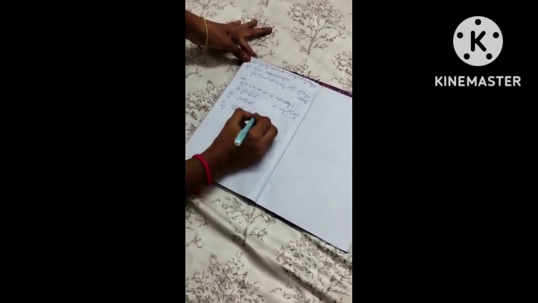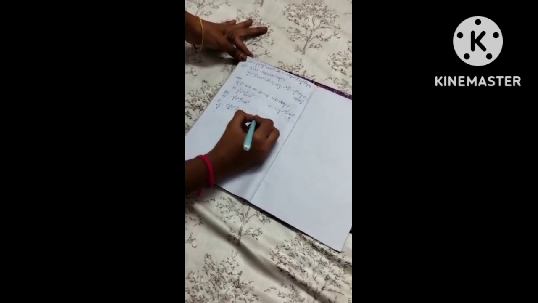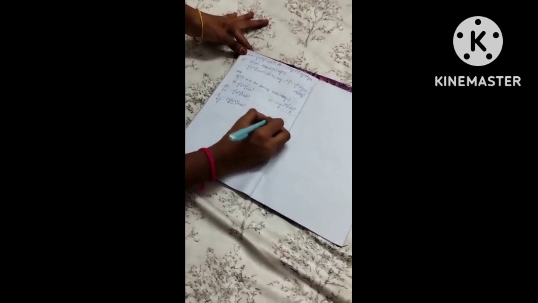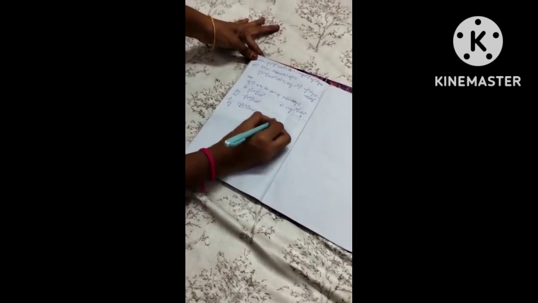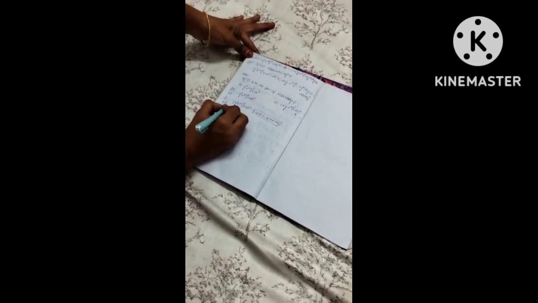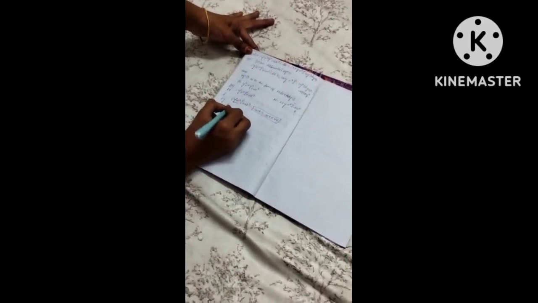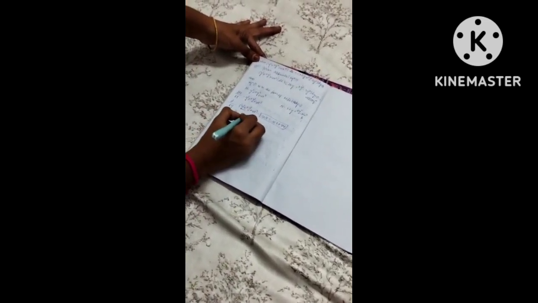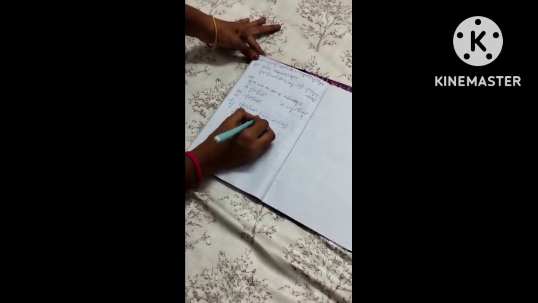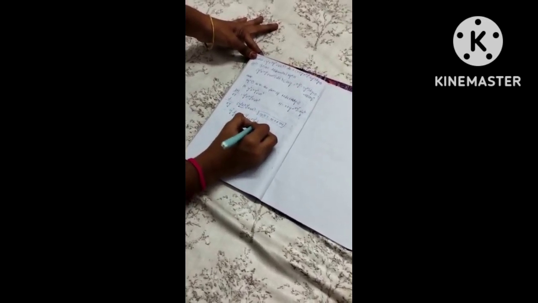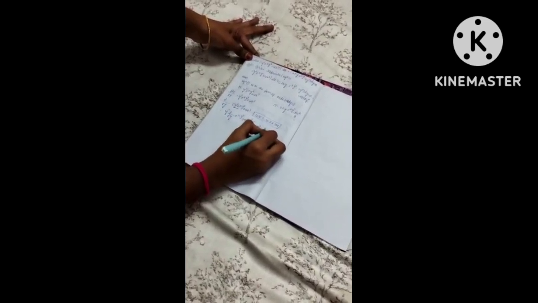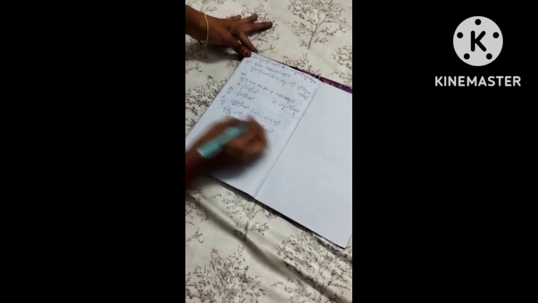This is in the form of u into v, so we apply the formula u dv plus v du. Y square dou by dou y of e power of xy square, plus e power of xy square dou by dou y of y square, plus dou by dou y of 4x cube.